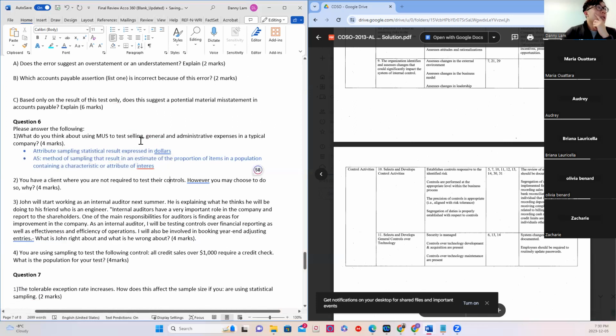Okay, and do you guys think that if we're using MUS to test selling and general admin expenses, it's a good way to do it or not? So you guys think it's good or bad?